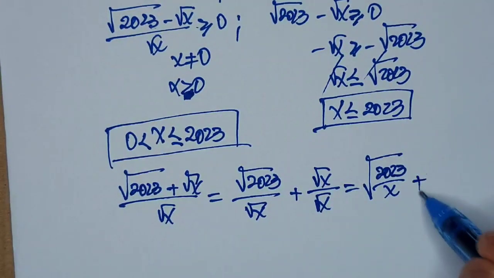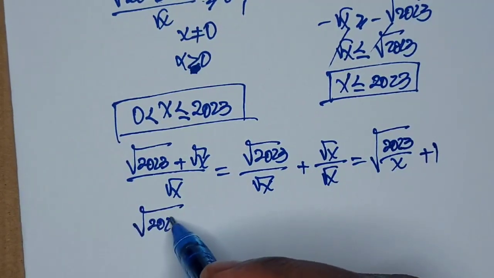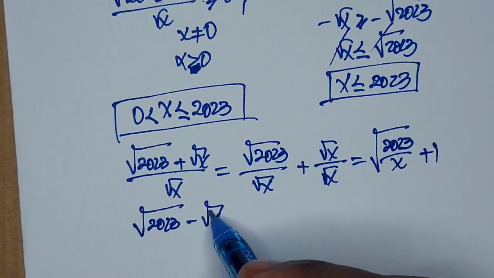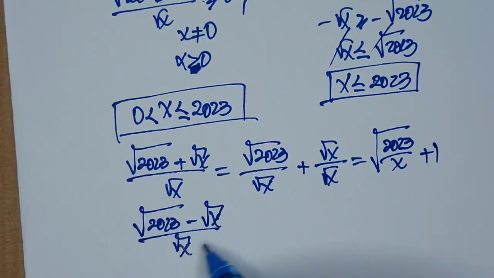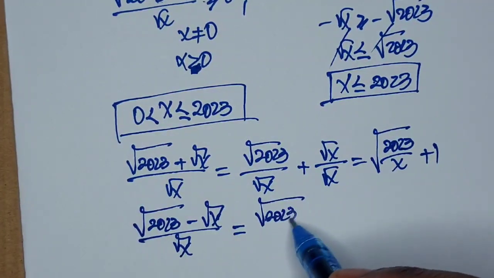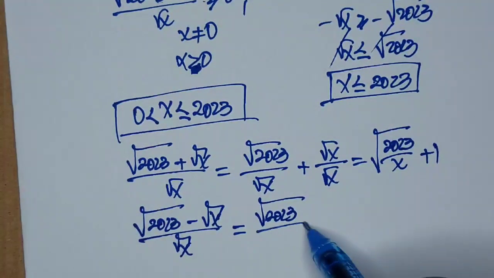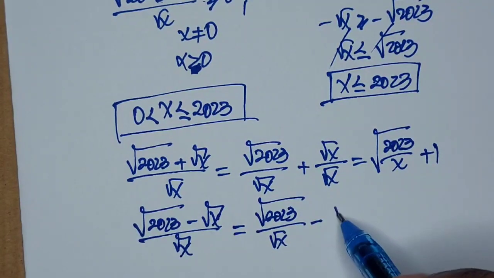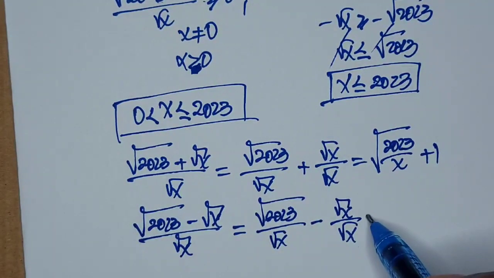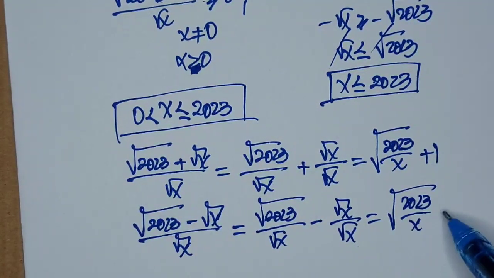And this would be plus 1. And the second one would be 23 minus square root of x over square root of x, and this would be square root of 23 over square root of x minus square root of x over square root of x, and this would be 23 over x, and this will be -1.